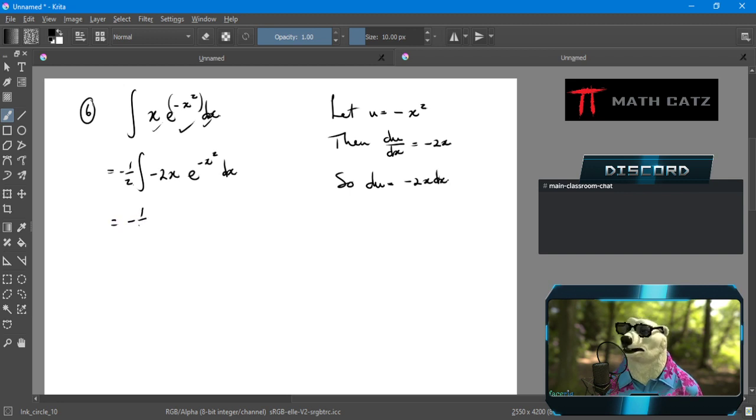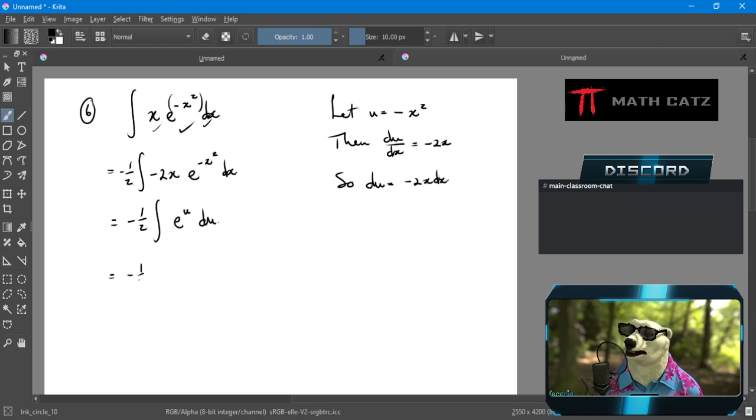Now, the negative 1/2 is my price to have things perfectly set up. The substitution then says it's going to become e to the u. The negative 2x dx become du. And I'm in a much, much simpler situation, even though it's equivalent to the original.